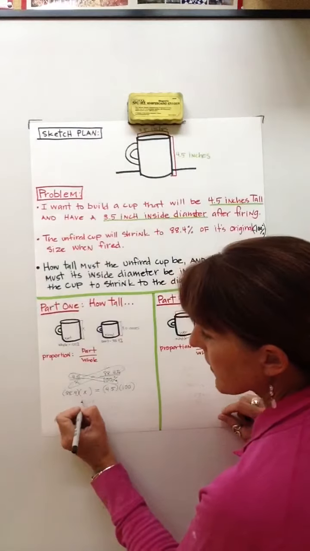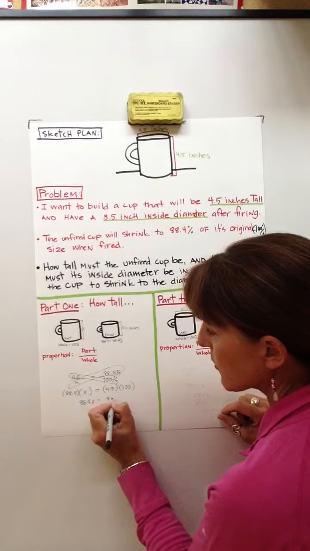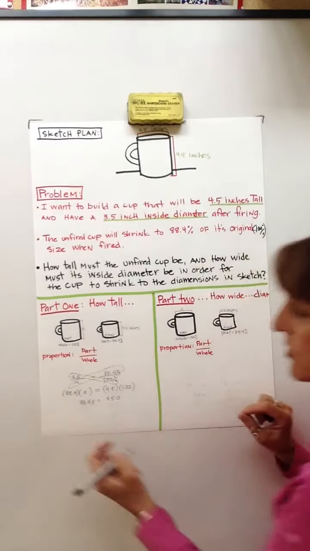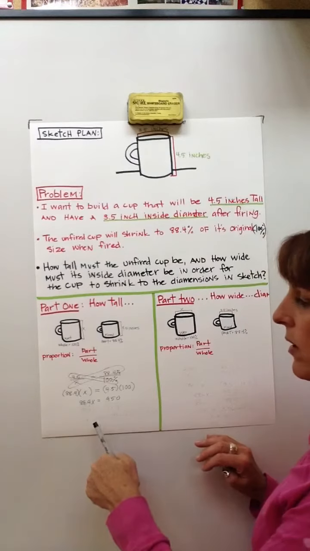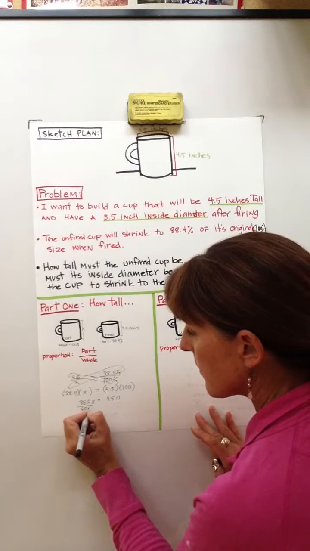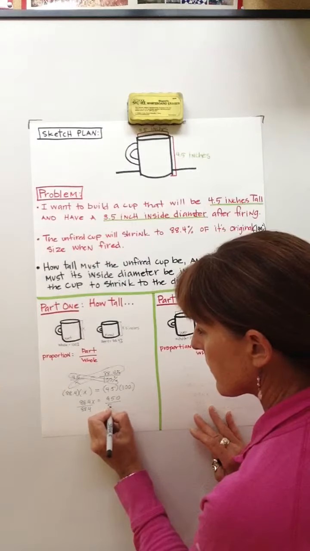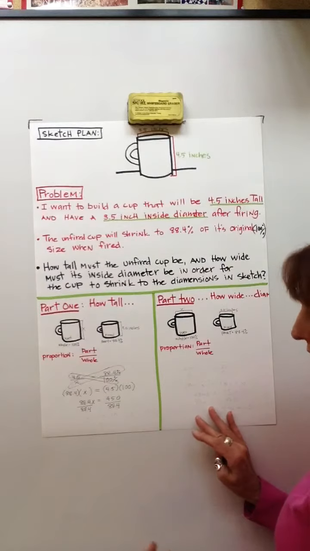That gives us 88.4X equals 450. We have to isolate the X, so we need to divide by 88.4 on both sides. And here the 88.4 sort of cancels itself out.